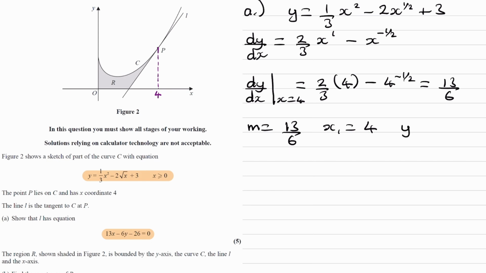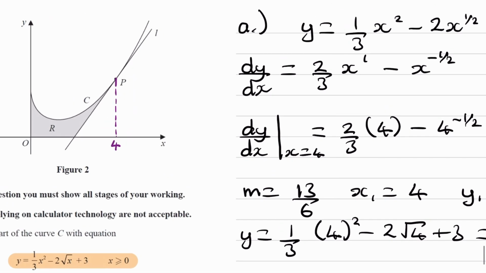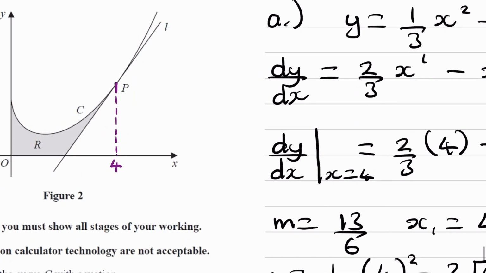We now need to work out our y coordinate. To do that, we just put our x coordinate of 4 into this equation. So y is equal to a third of 4 squared minus 2 root 4 plus 3, and that gives us 13 over 3. So the coordinate of P is 4, 13 over 3.